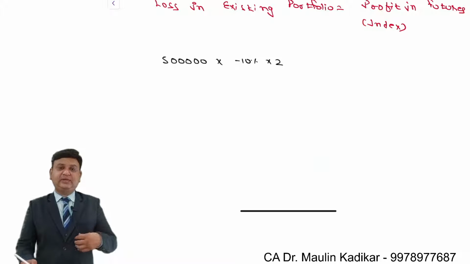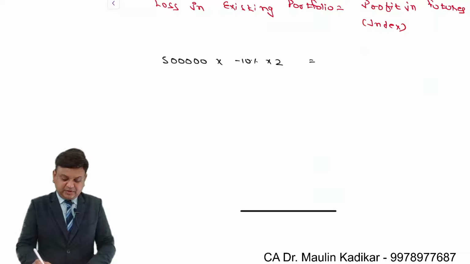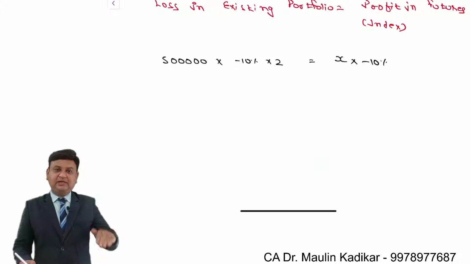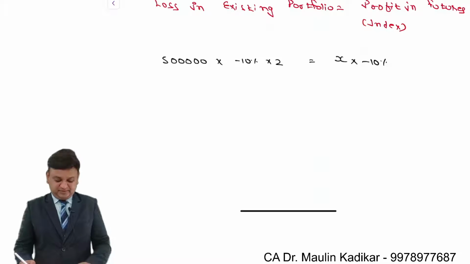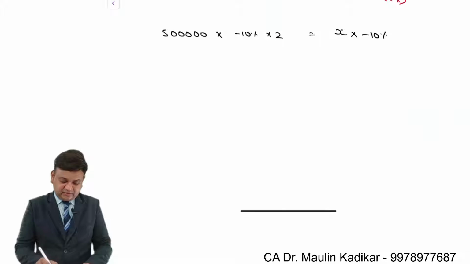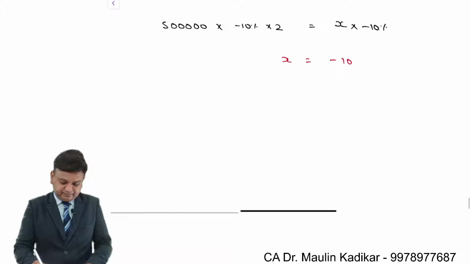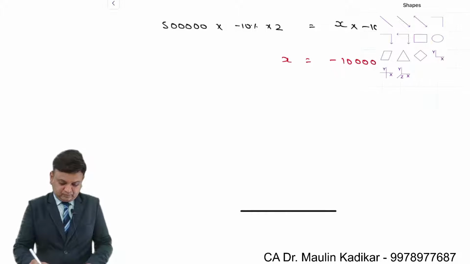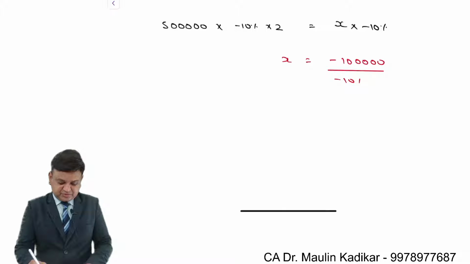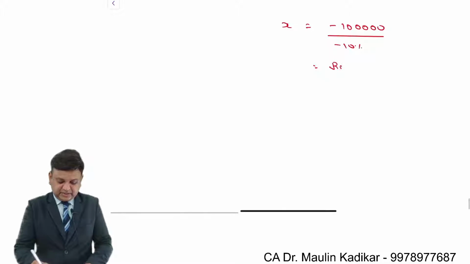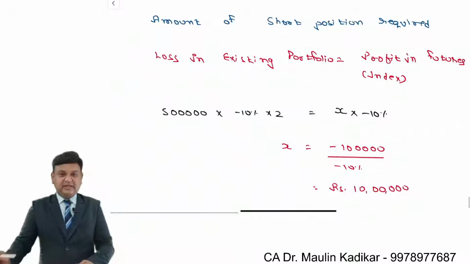This is the loss which we are expecting, which we want to cover with a profit in index, that is x into negative 10%. Because when the market will fall, you will be able to make a gain. So now x will be found as balancing figure. So it is 5 lakhs into 10% into 2, that is negative 1 lakh, divided by negative 10%, that comes to rupees 10 lakhs. This is the way we can make the calculation of answer.